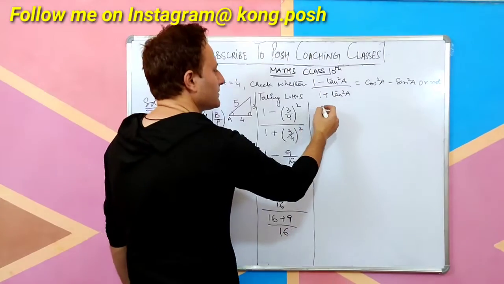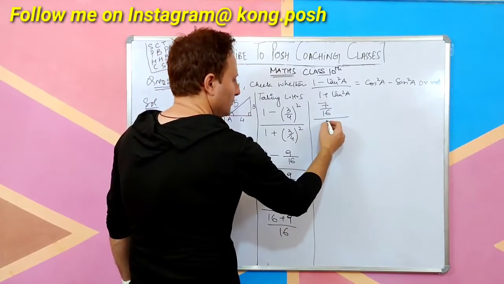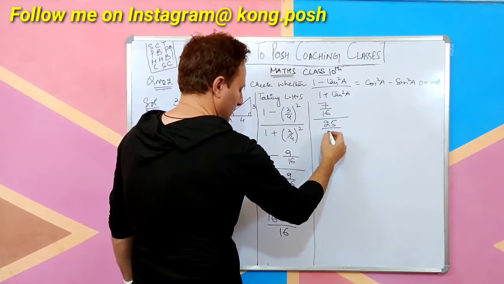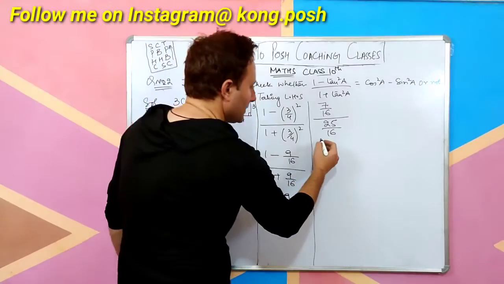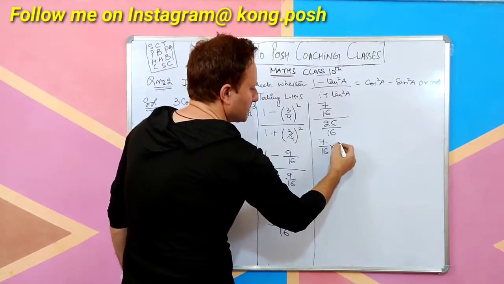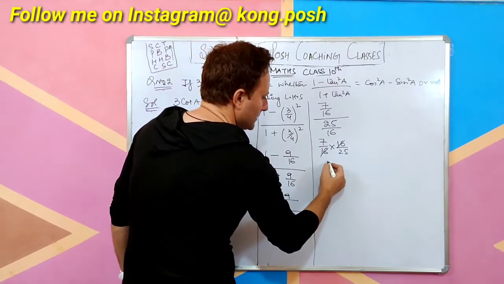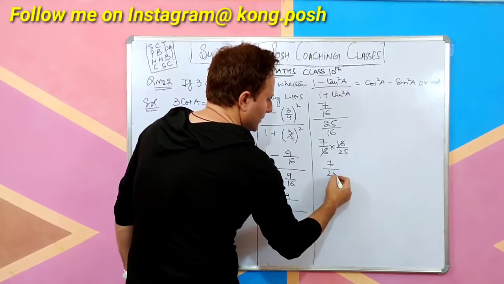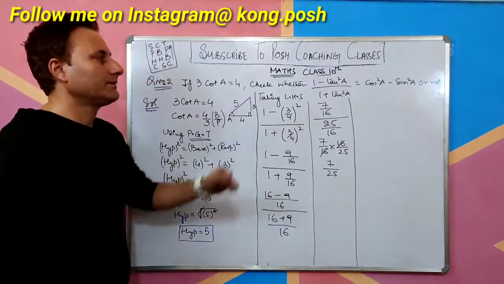Now 16 minus 9, it is 7 upon 16 whole divided by 25 upon 16. Then it is 7 upon 16 multiplied by reciprocating 16 upon 25, 16 gone, so it is 7 upon 25. So this is our left hand side.